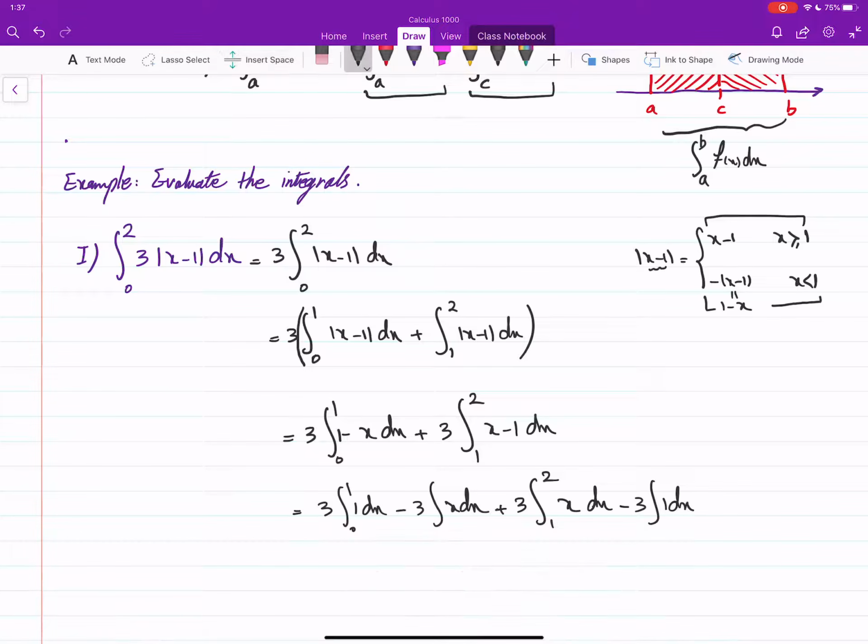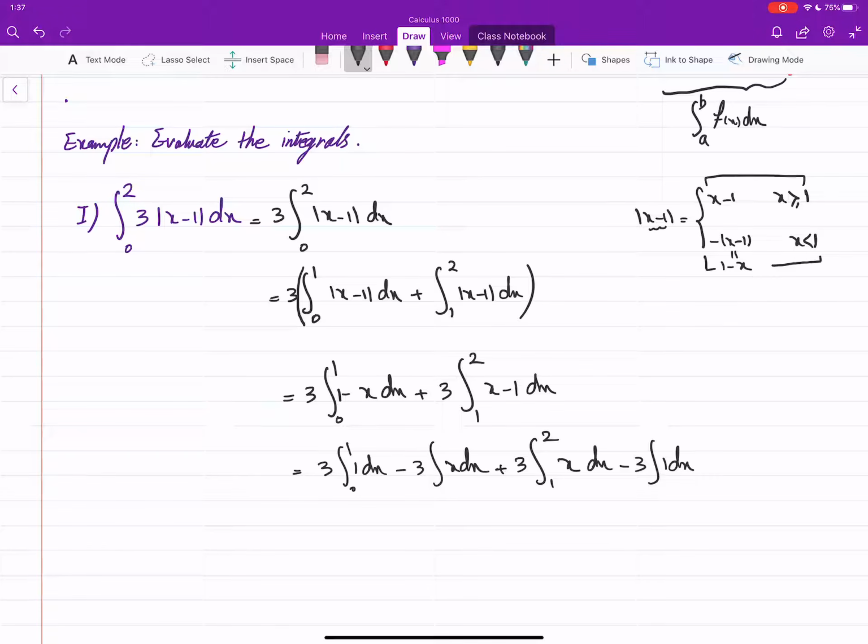And each one you can compute separately. Here, for example, this is 3 times the area from 0 to 1 of the constant function 1, which is a square. Minus 3 times the area of the triangle from 0 to 1, so this is half of that square.